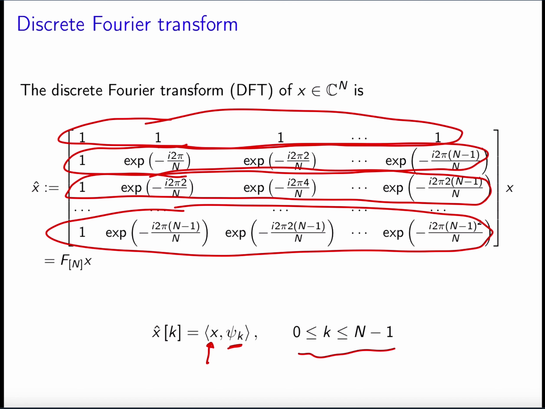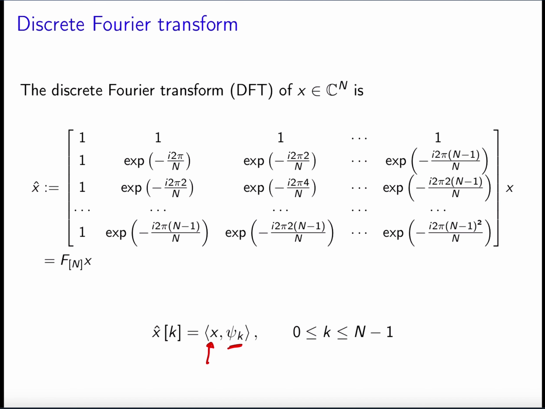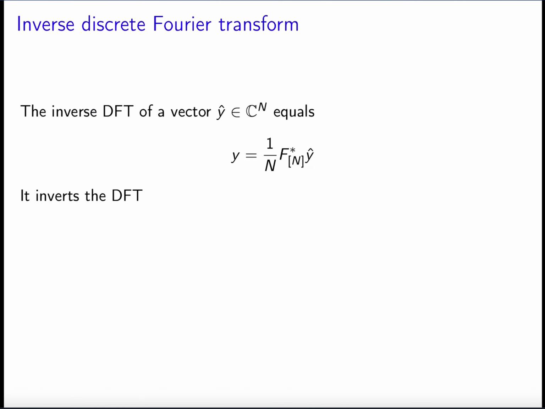Realize that we're taking the inner product with orthogonal vectors, so this is nothing else than a change of basis of the vector. In that sense, you can think of this as rotating the vector so that now, in its new representation, the axes align with discrete sinusoids. This rotation is of course invertible because it's a rotation, because again we have this family of orthogonal vectors.